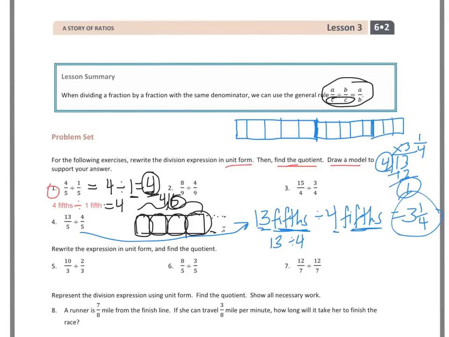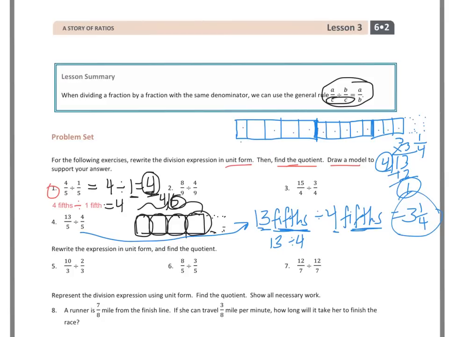That's 13. 13 blocks. I'm going to draw to show my dotted there, because this is technically 1 whole. That's 2 wholes. This would be the 3 wholes, but I've only got 3 of the 5 shaded. So now I have 1, 2, 3, 4, 5, 6, 7, 8, 9, 10, 11, 12, 13. And then these dotted ones at the end are just showing that that's a part of a whole there.